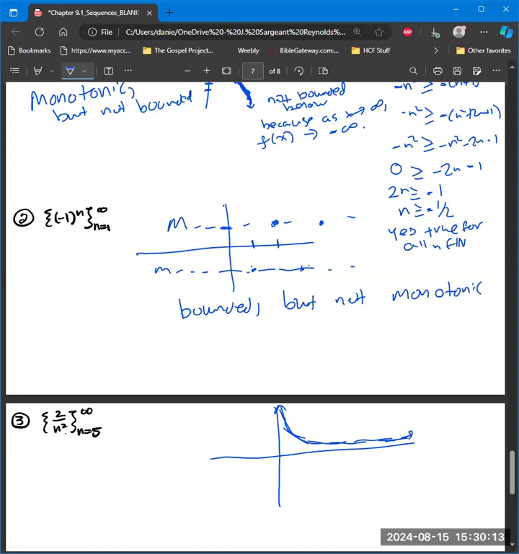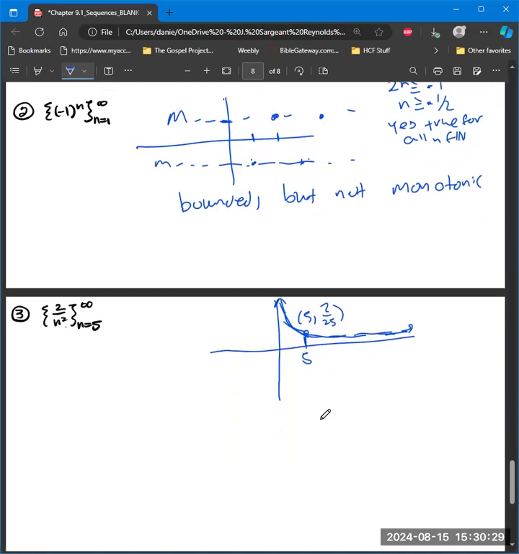So at 5, we have 2 over 25 there. From there on out, we can prove that it's always decreasing, and that it's bounded below by this horizontal asymptote y equals 0.